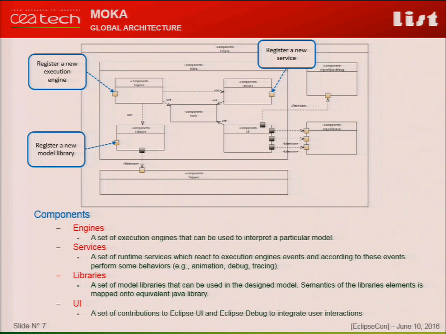You have the component libraries, which are a set of model signatures, basically connections to legacy libraries, for example, to do addition between integers or a concatenation of strings and stuff like this. So you have a set of libraries that helps you build a complex model without rewriting everything by yourself.